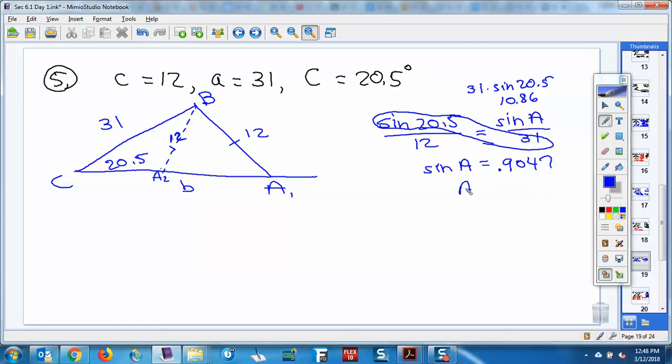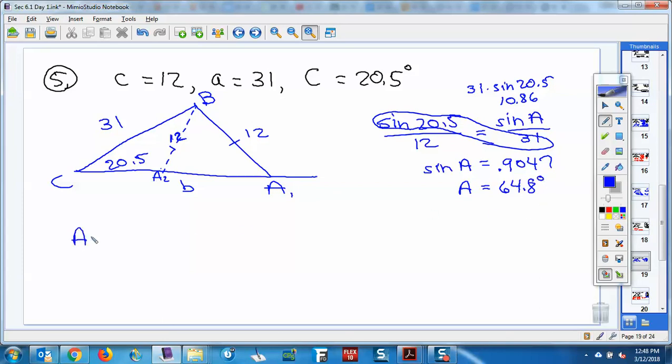So, A, your calculator is going to give you 1. Remember, inverse sine is restricted to first quadrant, fourth quadrant, all that stuff. Of course, we're not going to have negatives when you're dealing with triangles, so you're going to get a quadrant 1 angle every time. What do you get? 64.783. Let's go 1 decimal on our angles: 64.8 degrees. And what's the other possibility?